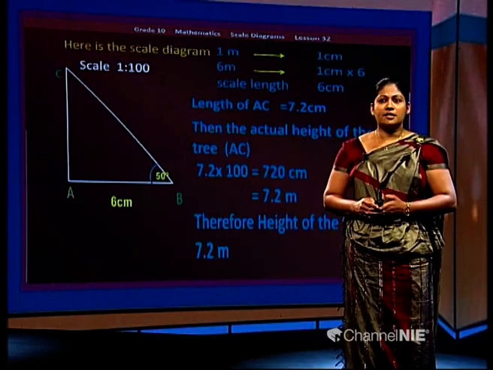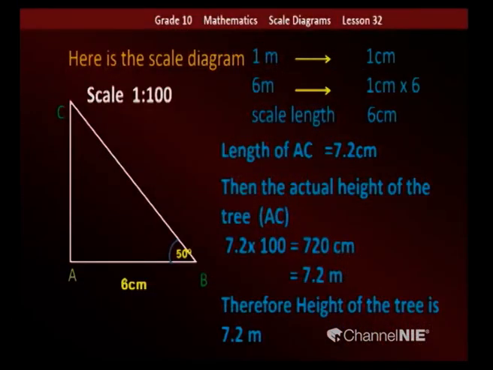There are 720 centimeters. 720 centimeters, you know how to convert into meters. What shall we do? We have to divide by 100. Yes, I have done it. Dividing 720 by 100, I got 7.2, not centimeters, but meters.